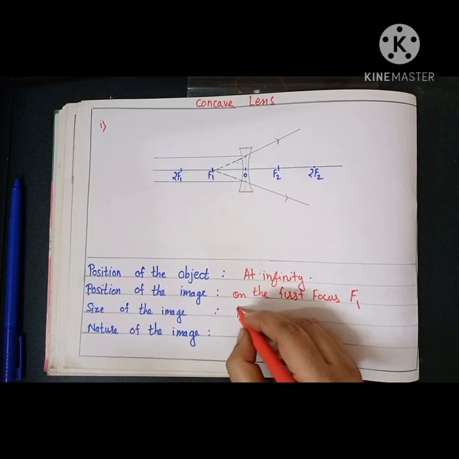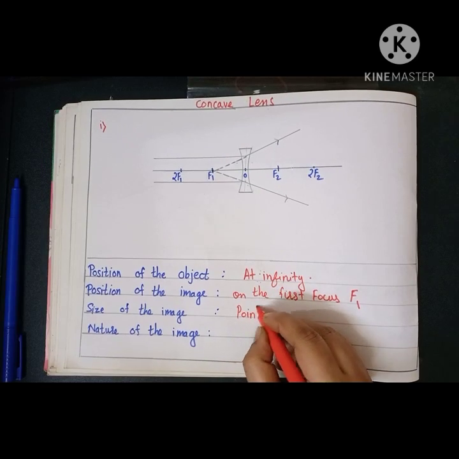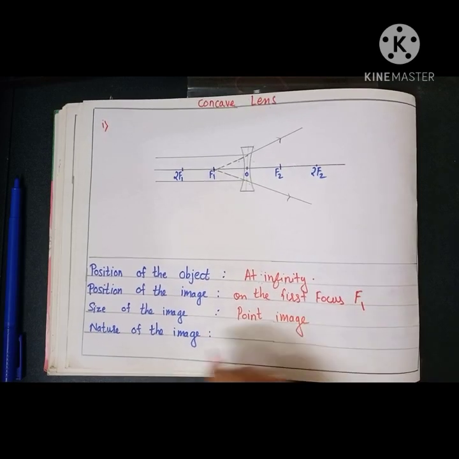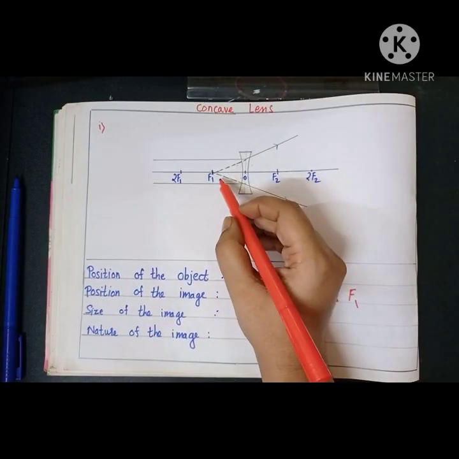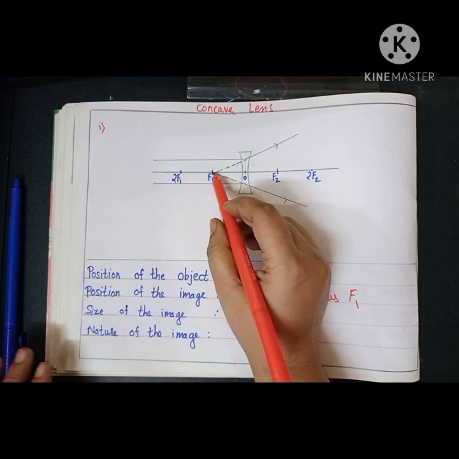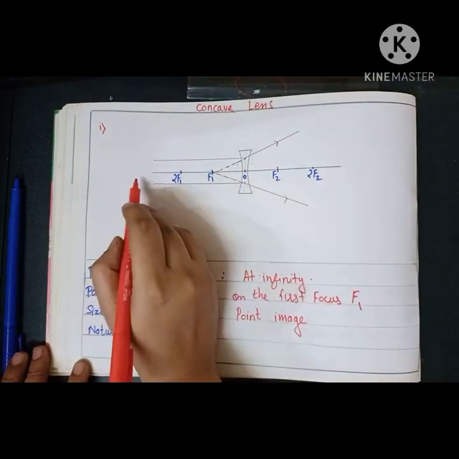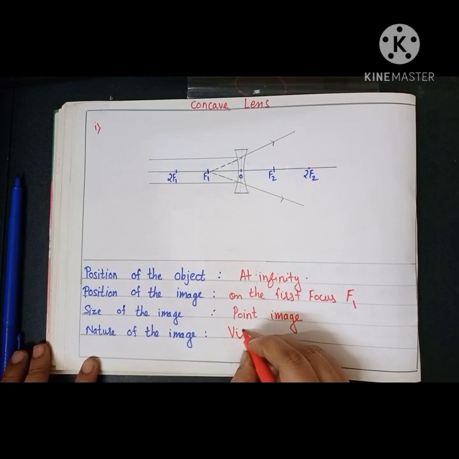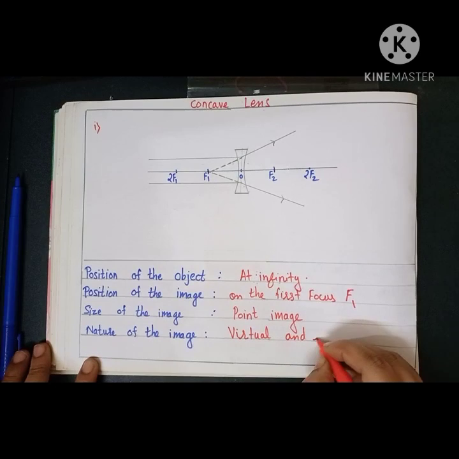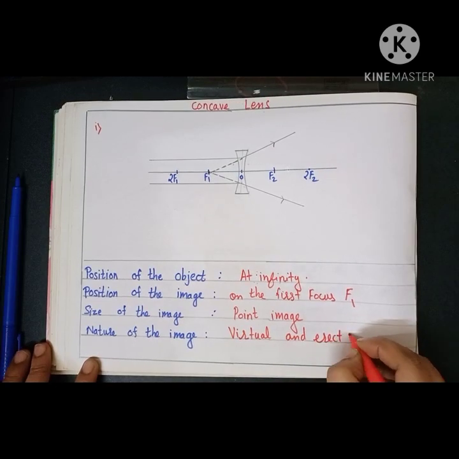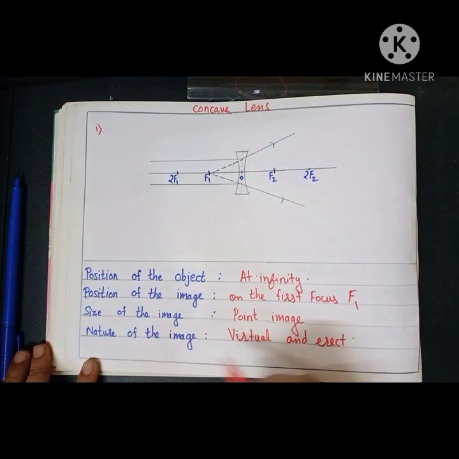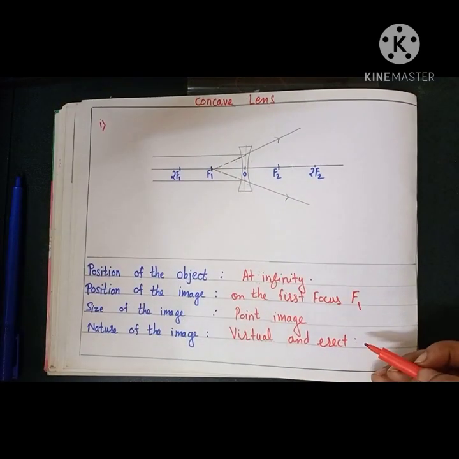So you will write here point image, and when you will observe nature of the image, it is on the same side where object was kept, so it is virtual and erect. Student, always remember concave lens formed virtual and erect image.